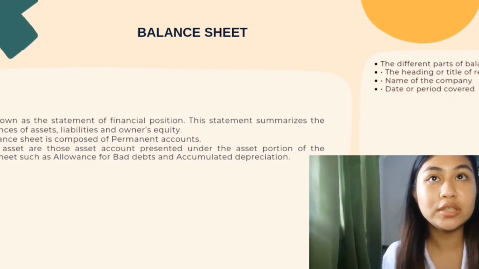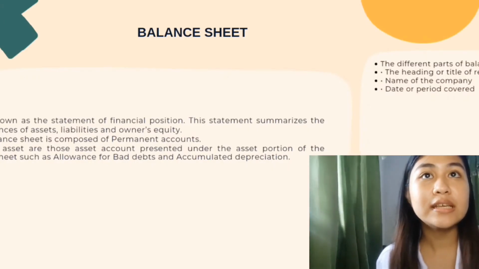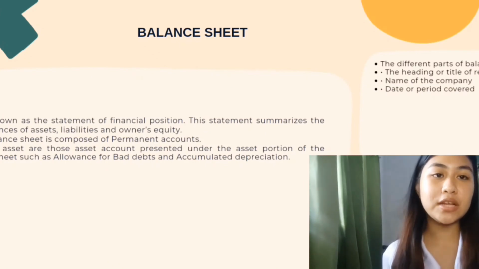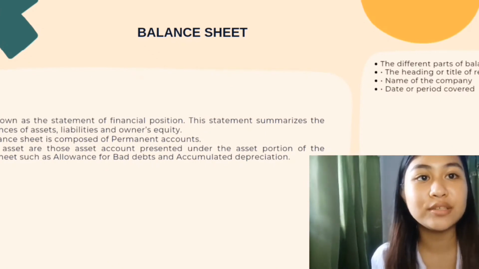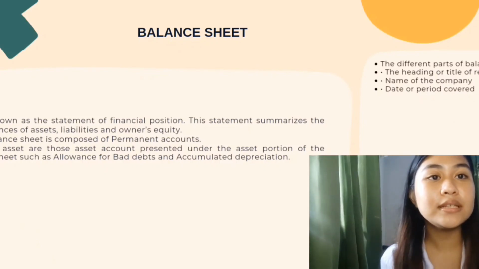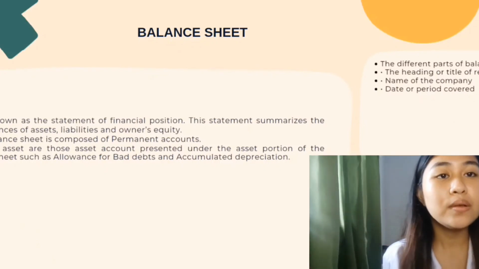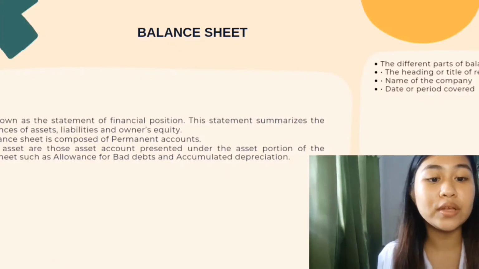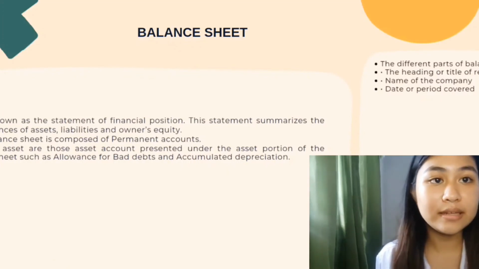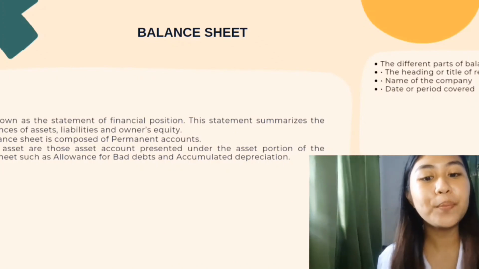Okay, balance sheet. Balance sheet is also known as the statement of financial position. This statement summarizes the total balances of assets, liabilities, and owner's equity. Okay, so the balance sheet is the overview of the company's assets and liabilities at a point of time.